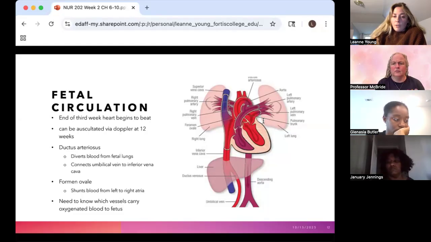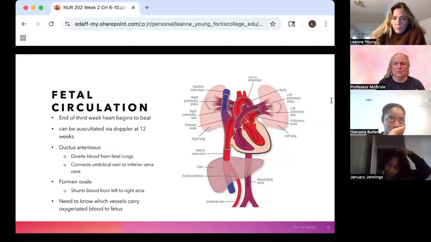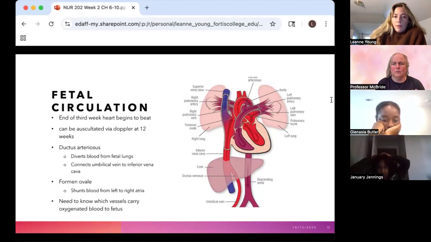Your oxygen-rich blood from the placenta is going to flow rapidly through the umbilical vein into the fetal abdomen. And when the umbilical vein reaches the liver, it divides into 2 branches. One branch circulates oxygenated blood through the liver, and then most of the blood will pass through the ductus venosus into the inferior vena cava. There, it mixes with deoxygenated blood from the fetal lungs and abdomen on its way to the right atrium.